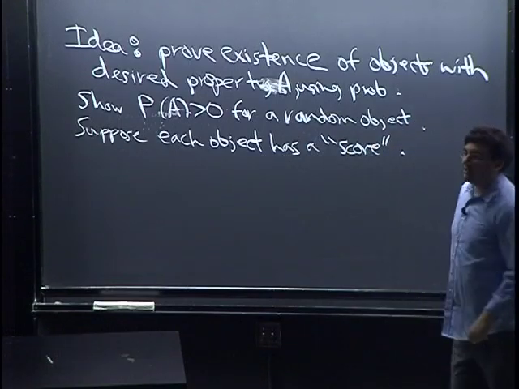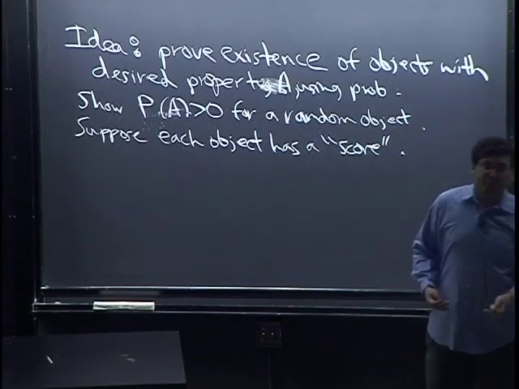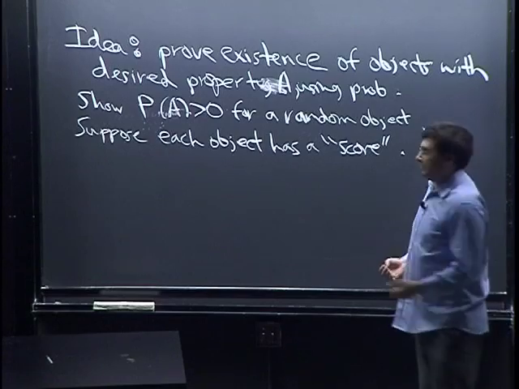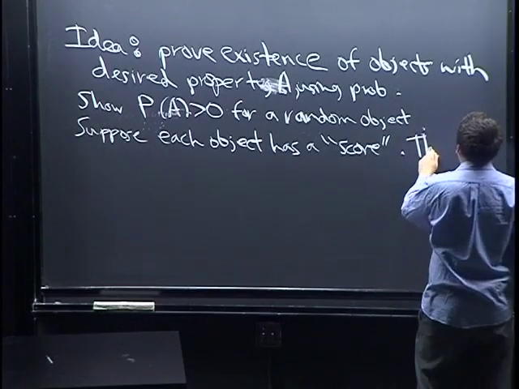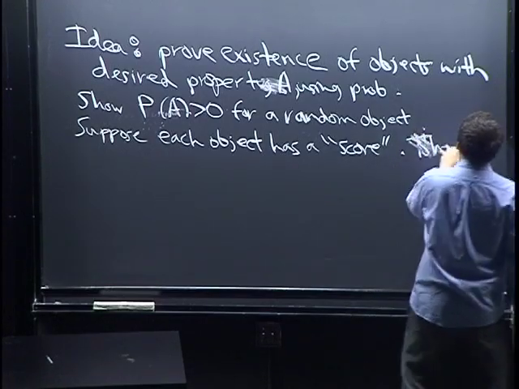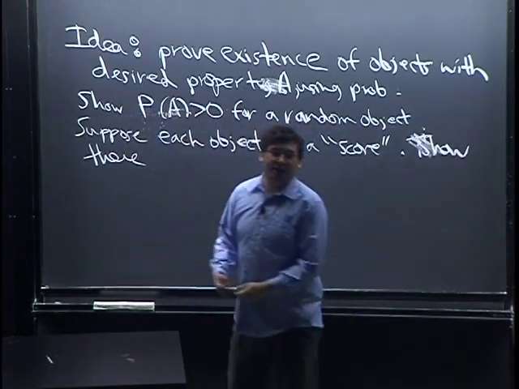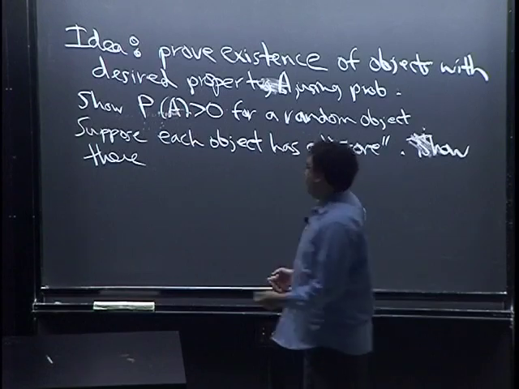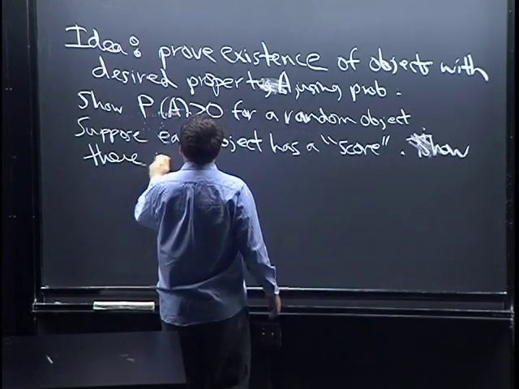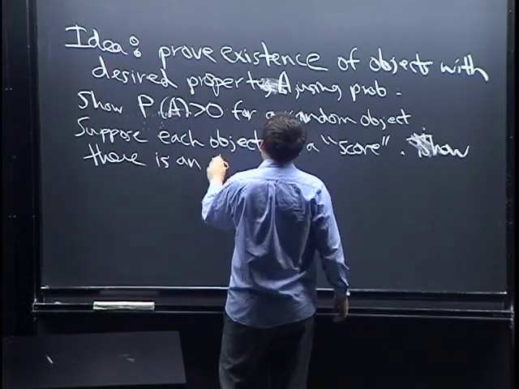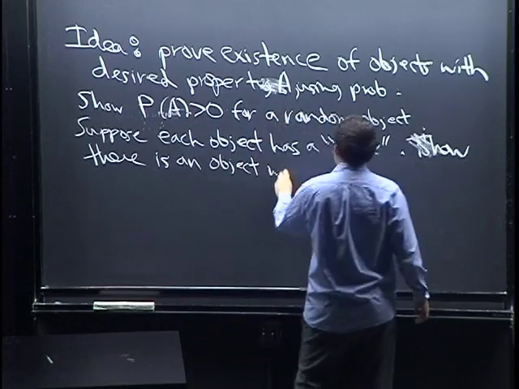We want to show there exists an object with a good score. I have to say, what does good mean? I'll talk a little bit about that. But suppose it's really hard to actually find one that has a good score.